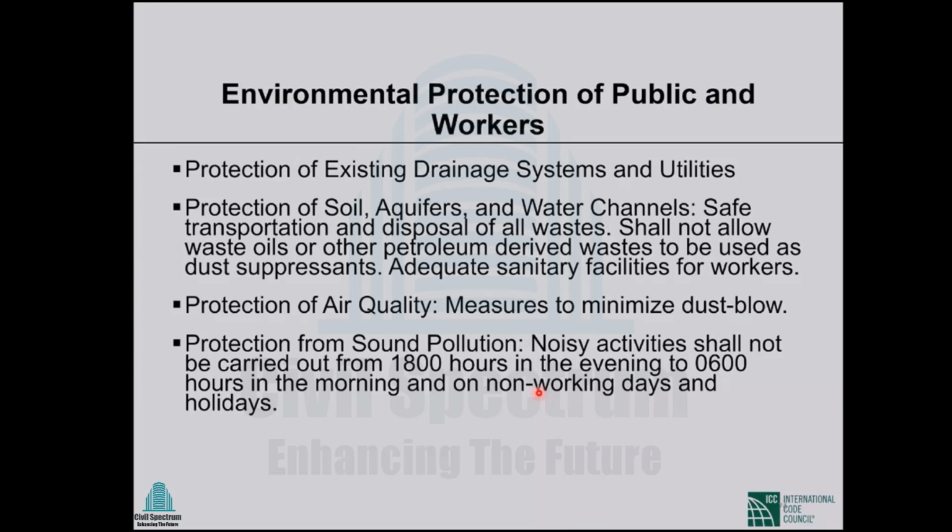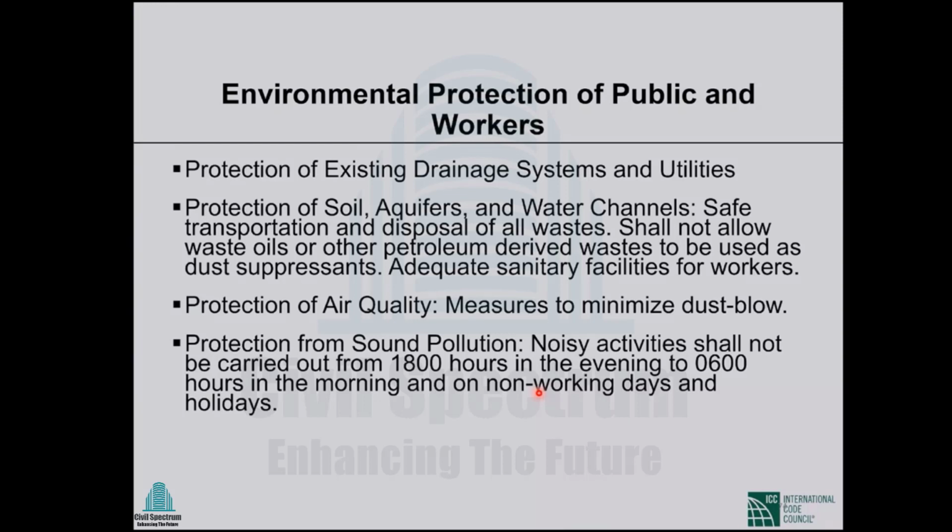While constructing a new structure, if you damage the existing drainage system, that may cause a really big problem for the public, for other people. So you have to protect the existing drainage system.